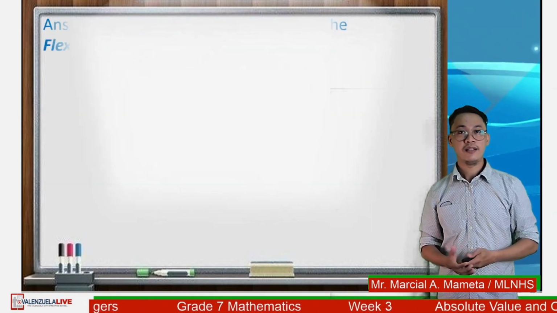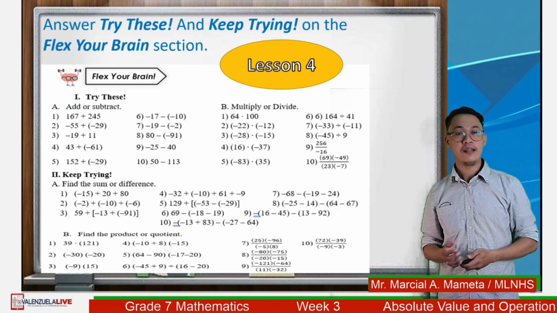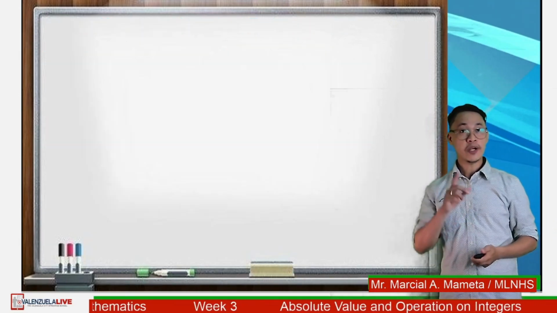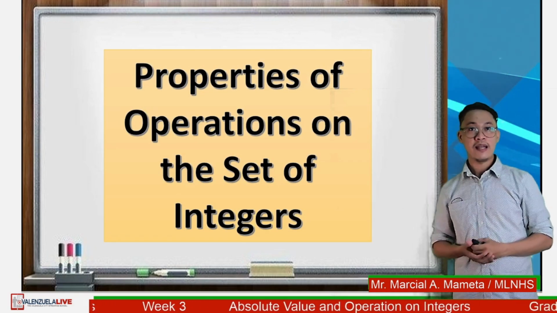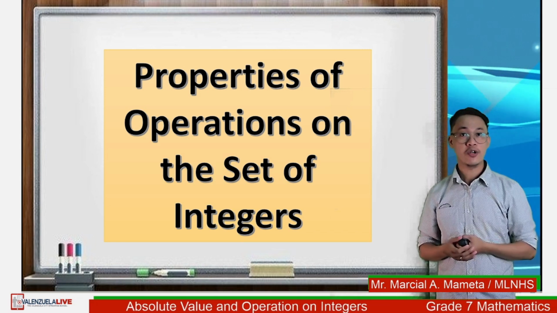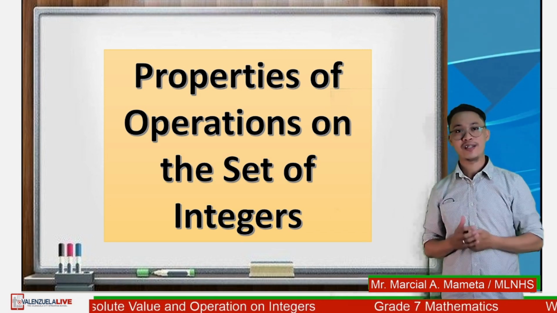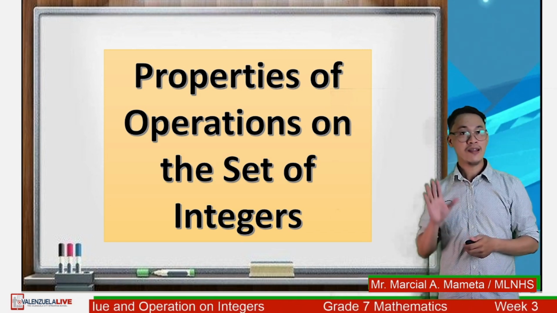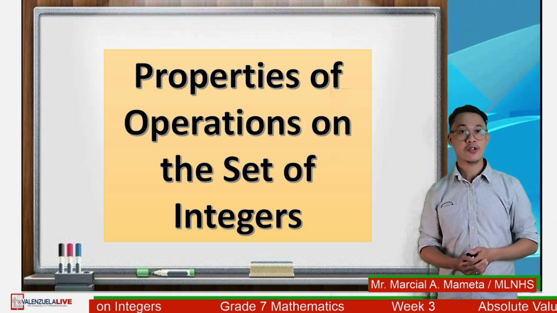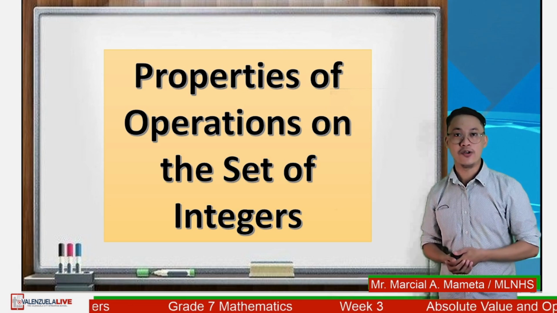Again, lesson number 3 and lesson number 4 of your weekly home learning task. And for your additional activity, just have an advance reading about the properties of operations on the set of integers. Again, have an advance reading about the properties of operations on the set of integers.